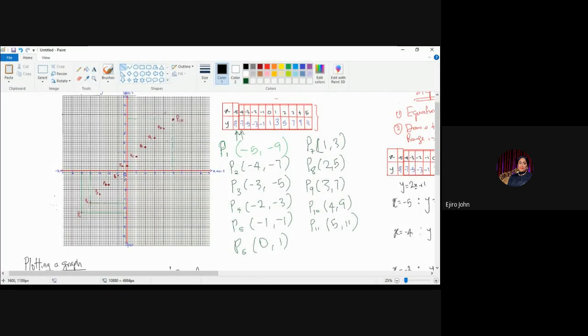Okay, let's try black. So we're going to draw a line that will go through all the points. Even if it doesn't go through all the points, at least the majority of the points have been gotten. So this is what we have. Now, this is a graph.